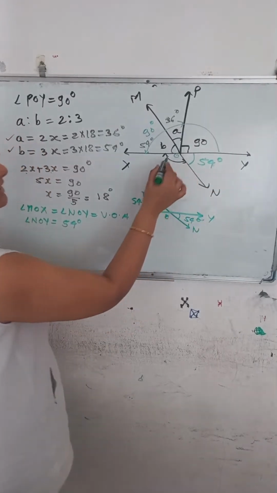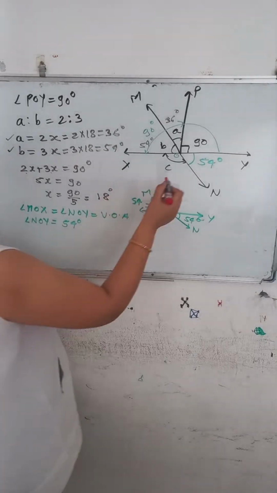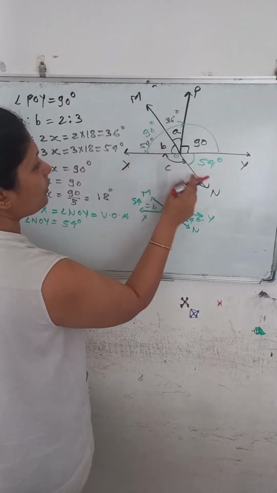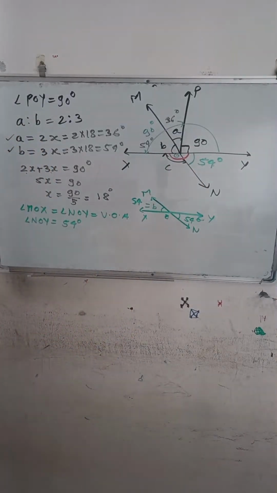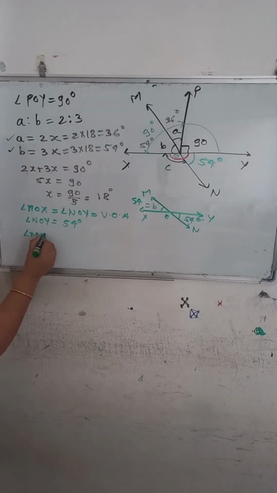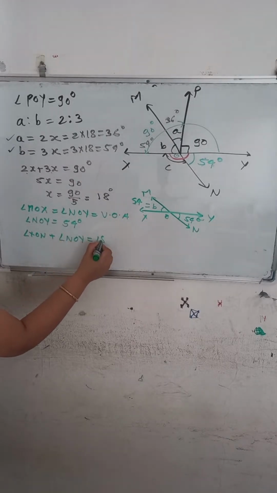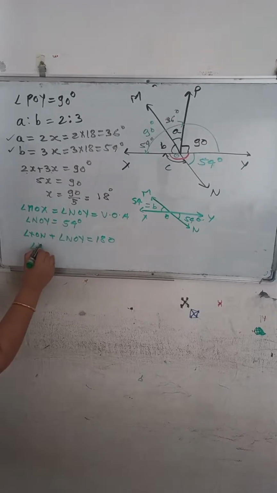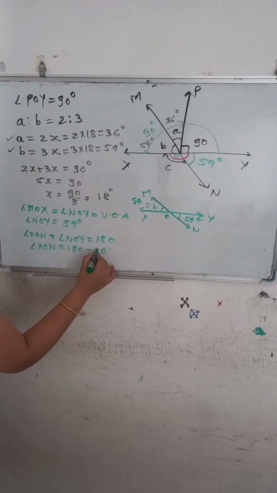But now they are interested in C. If you observe this diagram carefully, XON and NOY are forming a linear pair, or they are in a straight line. So we can write angle XON plus angle NOY is 180 degrees, and angle XON is 180 minus NOY.